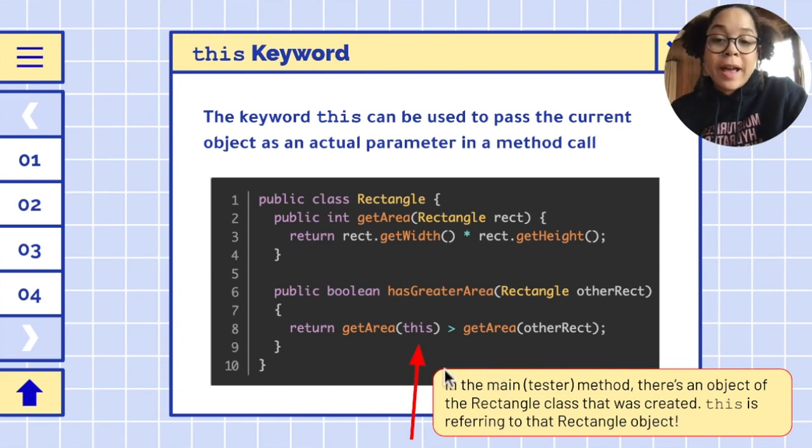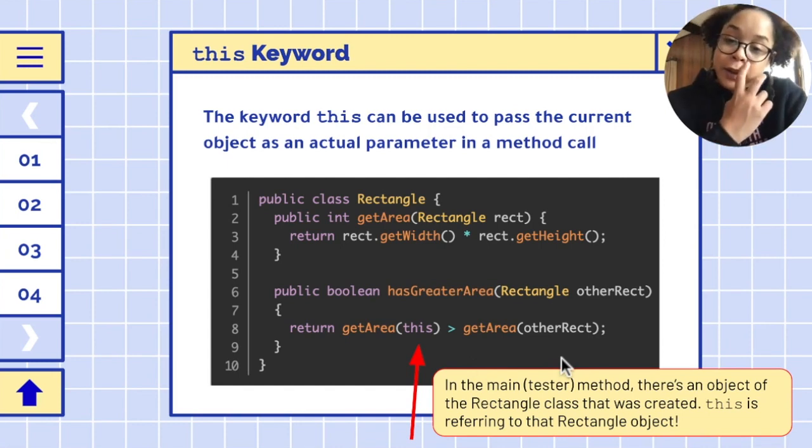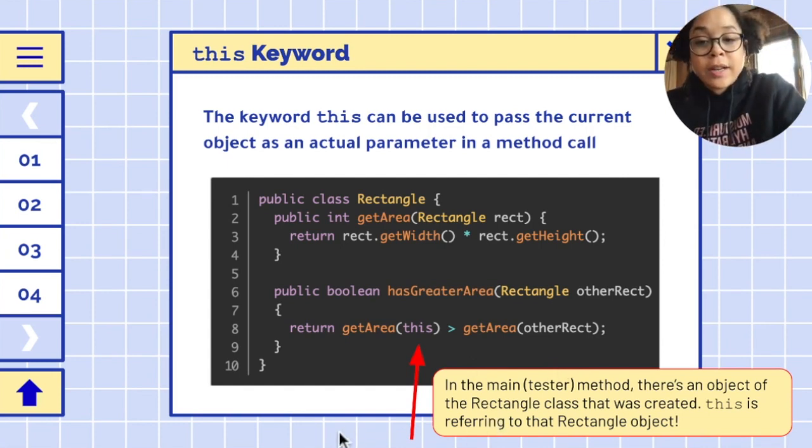And then we also have hasGreaterArea, which takes a different rectangle object as its parameter. Notice inside the hasGreaterArea method, it's going to return the getArea method of this.